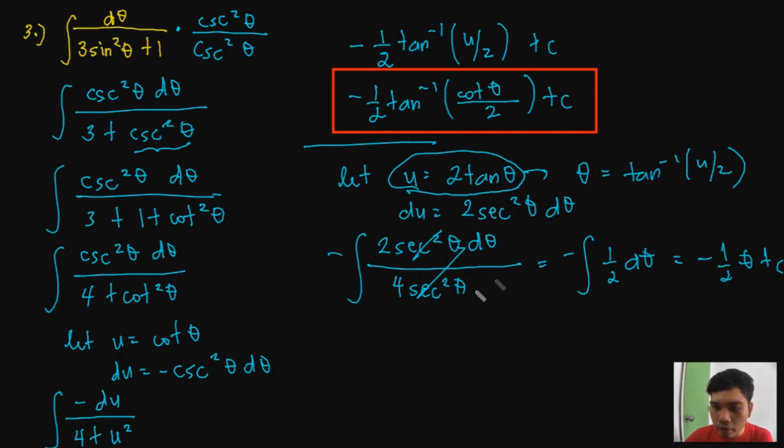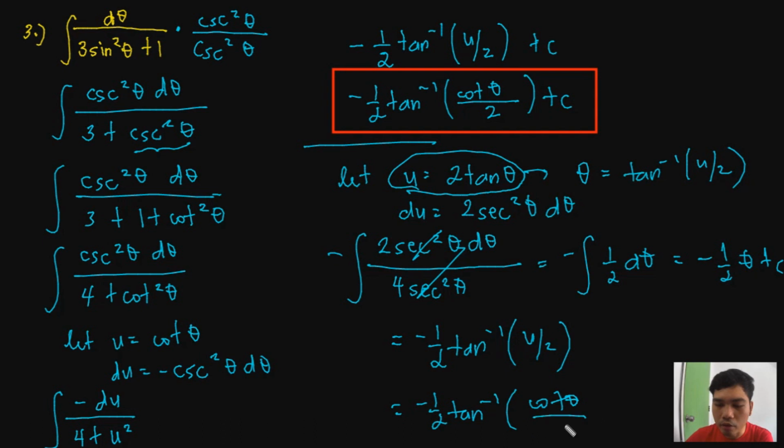And then we can rewrite this in terms of negative 1/2 inverse tangent of u over 2. Because this one is obtained from this expression u over 2. And then our u, from this it is cotangent, so that is negative 1/2 inverse tangent of cotangent theta over 2 plus c. So this is the same as this expression, so you can have this as your final answer as well.